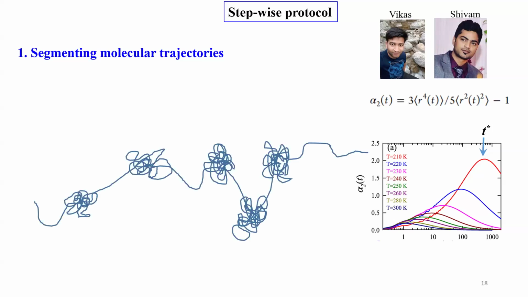Now if you compare the mean square displacement and T-star, your linearity just starts at T-star. But whatever data you are getting in that particular interval, the dynamics has not crossed to the full diffusion limit yet.